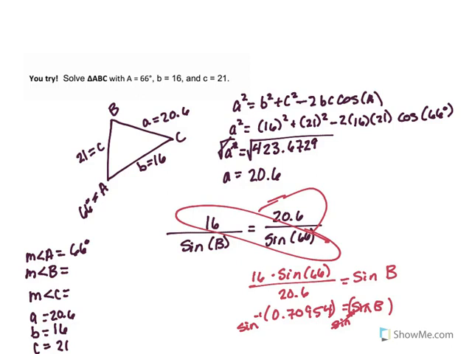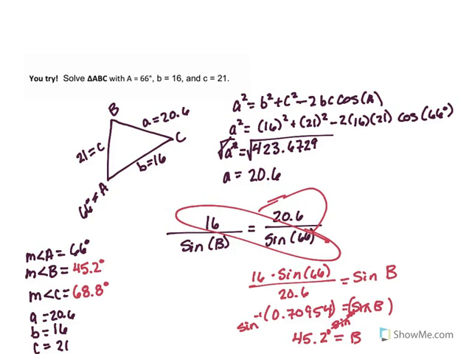The inverse sine of 0.70954 is 45 point, let's just do 2. And that is angle B, 45.2 degrees. And let's go ahead and subtract those from 180. So 180 minus 66 minus 45.2 is 68.8 degrees.